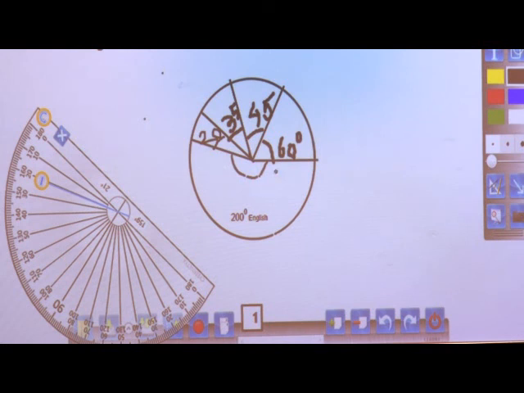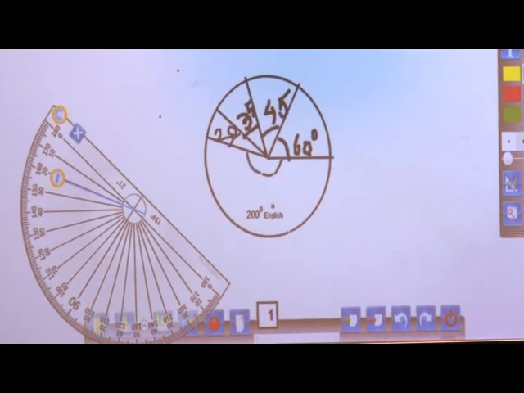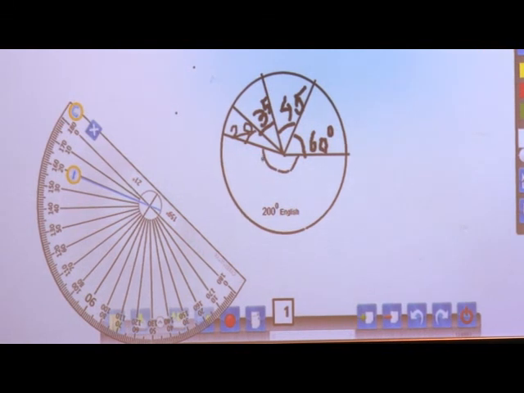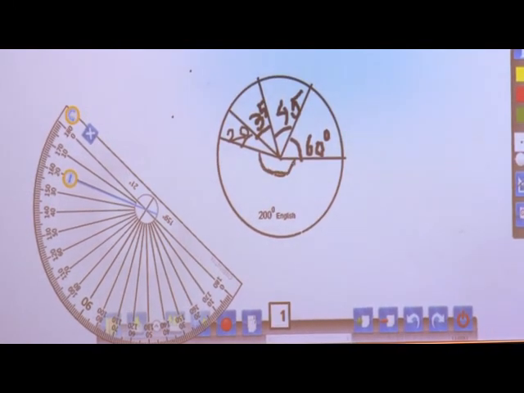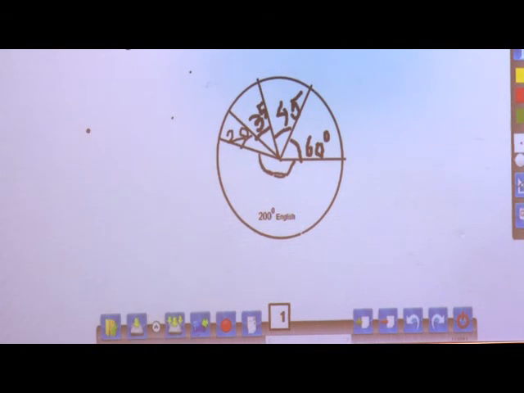Why? Because 60 plus 45 is 105, 105 plus 35 is 140, 140 plus 20 is 160, and the whole circle is of 360 degrees. So, from 360 if you minus 160, the remaining 200 degrees is of Hindi, and in this way we are drawing the pie circle.